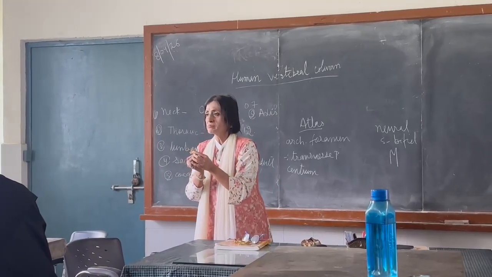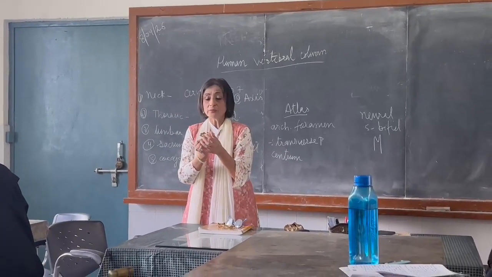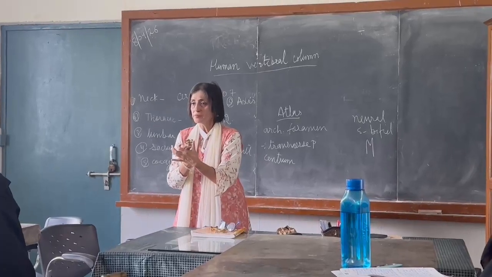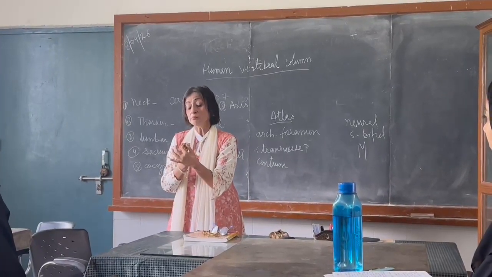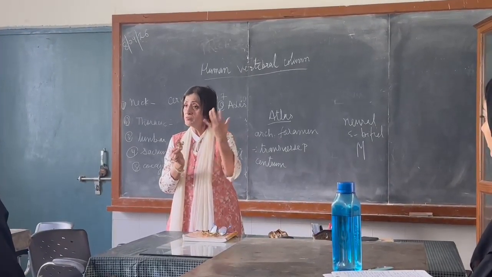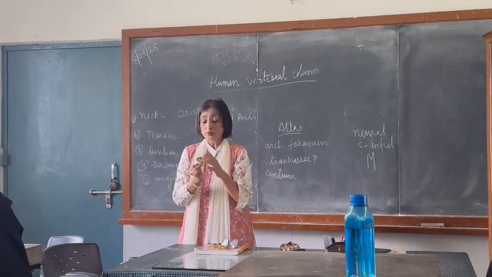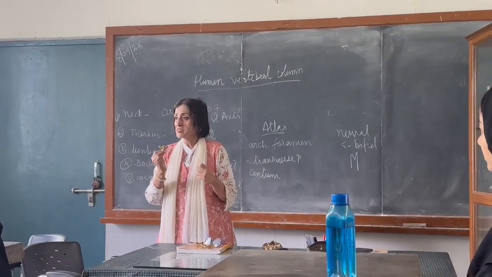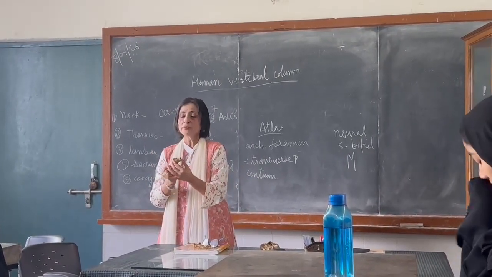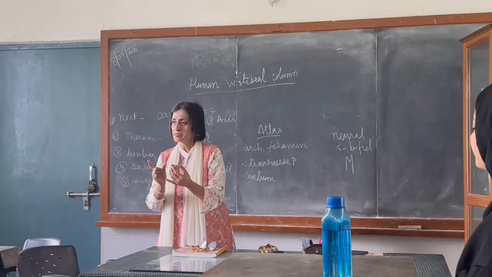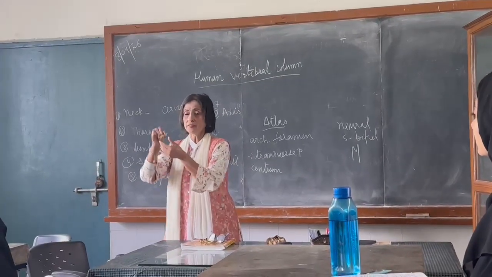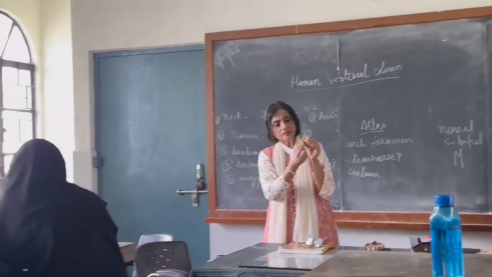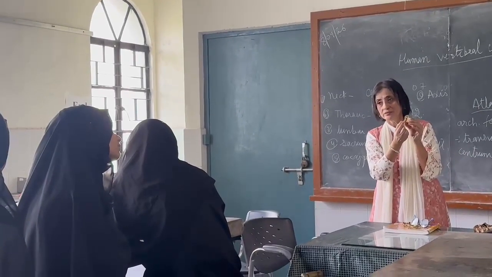Now the centrum develops. Centrum is the main part of the vertebrae, right? And this centrum provides the support to the vertebral column. It bears the body weight. And also it helps in the attachment of the muscles and ligament. This is axis, second. In case of axis, there is a projection, this one.